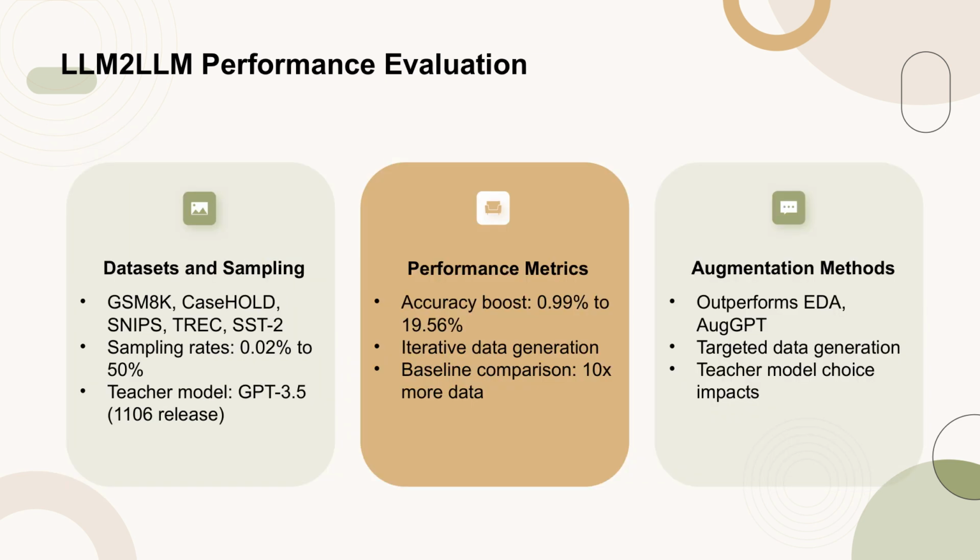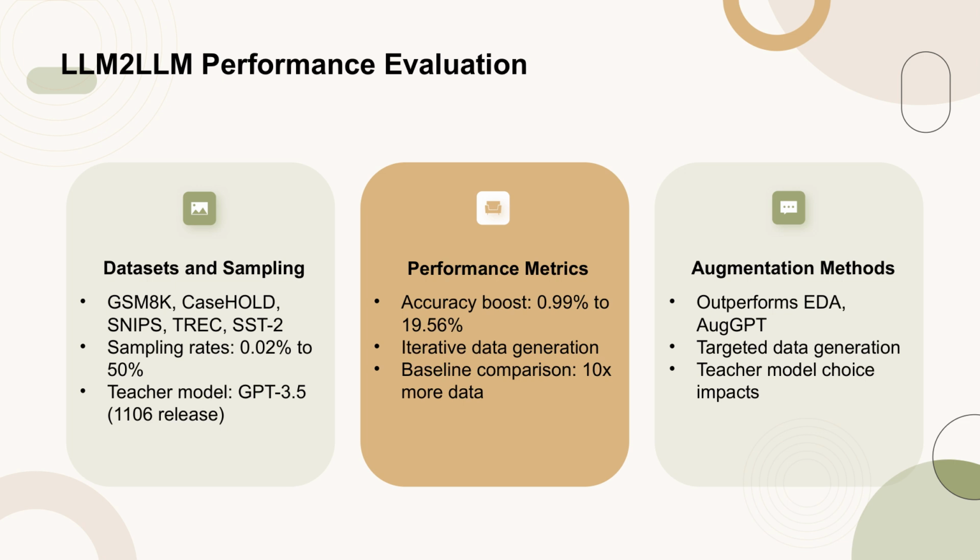In this section, we evaluated the performance of LLM2LLM by fine-tuning Llama 2-7B on various datasets including GSM-8K, CaseHOLD, SNIPS, TREC, and SST2. We used different sampling rates from 0.02% to 50% to assess performance across various low data regimes.